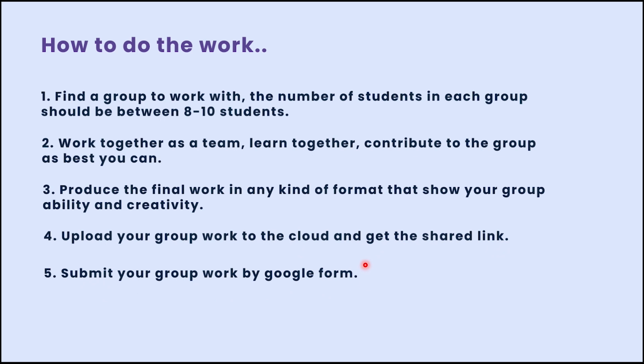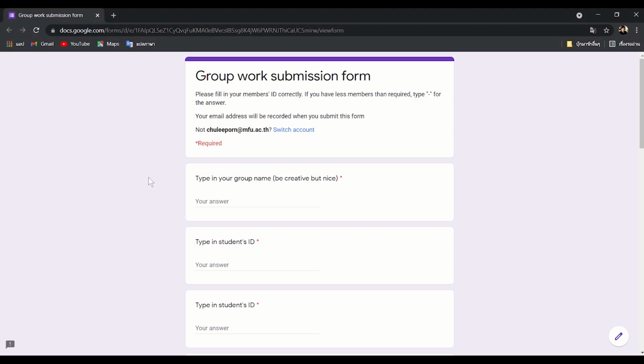I'm going to show how to submit your work by Google Form as well. Okay, here is the Google Form. Once you got the link for the Google Form, you click it and you should see something like this. The group work submission form. Instruction here: please fill in your members' IDs correctly.